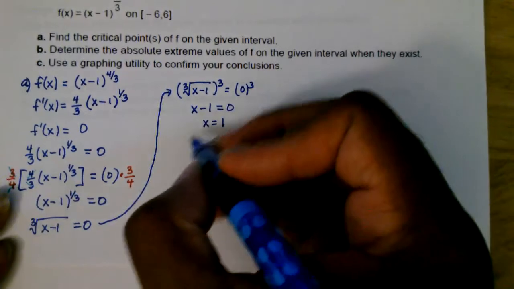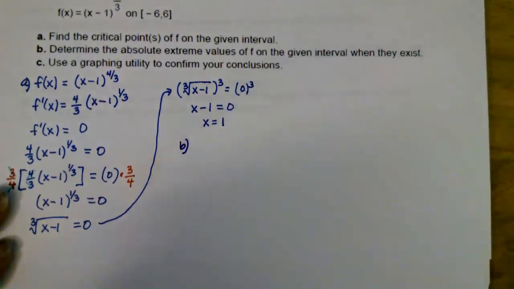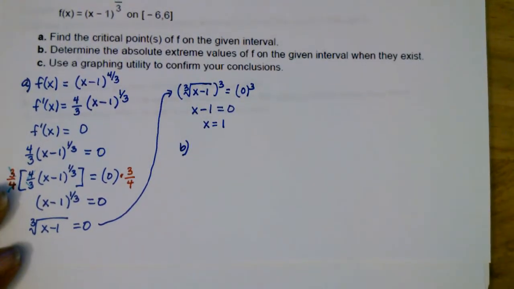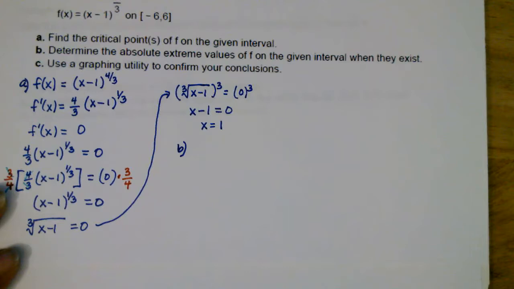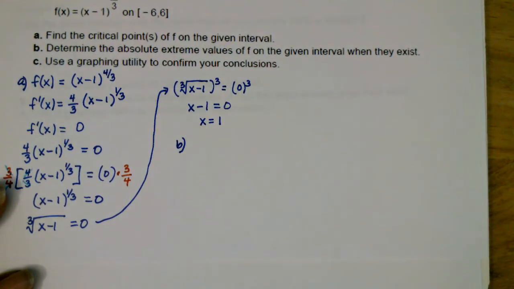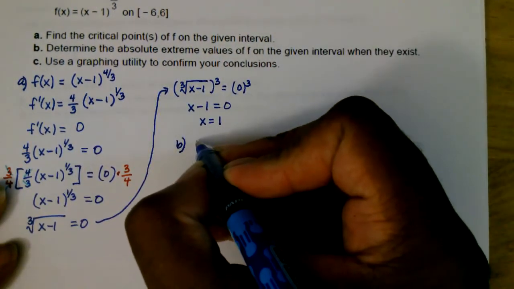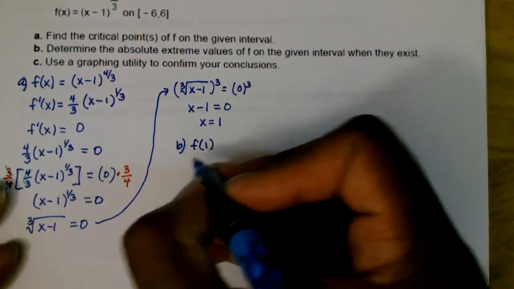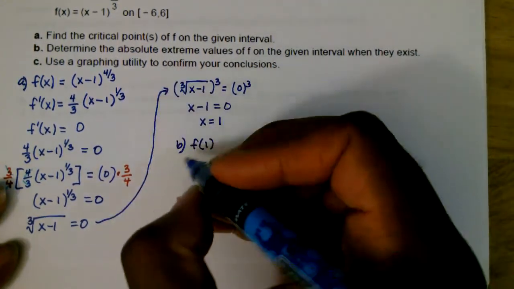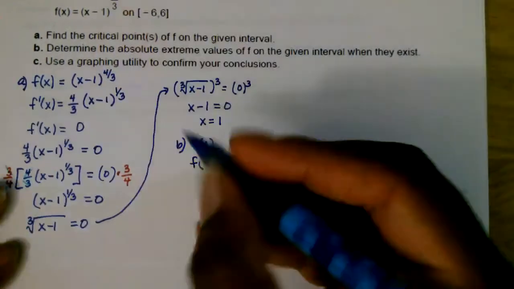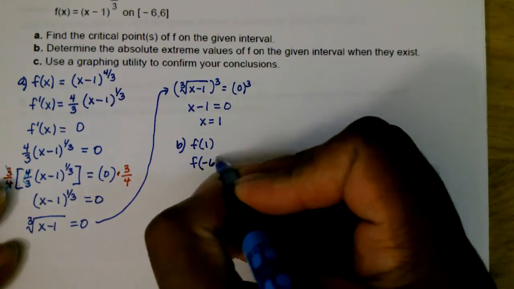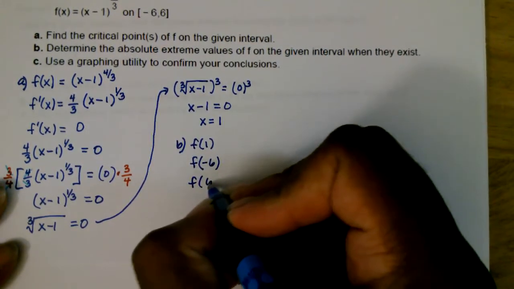So now in part B, I want to determine my absolute extreme values of f on the given interval when they exist. So in this case here, I need to evaluate f of 1. That's my critical point. And then f of each endpoint, f of -6 and f of 6.